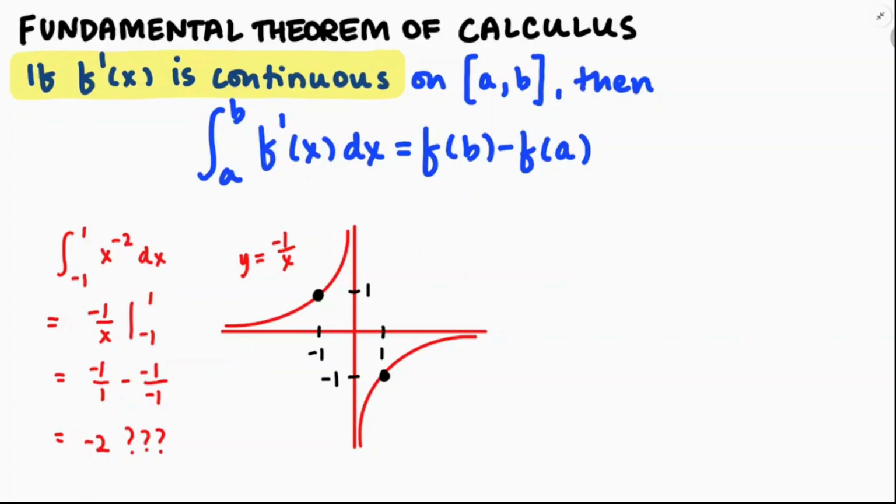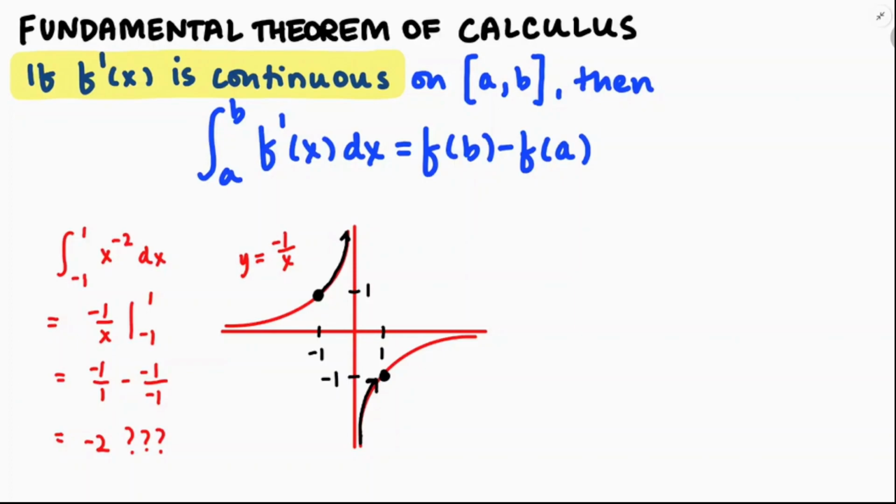If we think about what actually happened to this function's antiderivative, it increased a whole lot, and then after 0, it actually increased even more. So we'd say it increased an infinite amount. And that's why there's an infinite amount of area under the graph of y equals 1 over x squared.